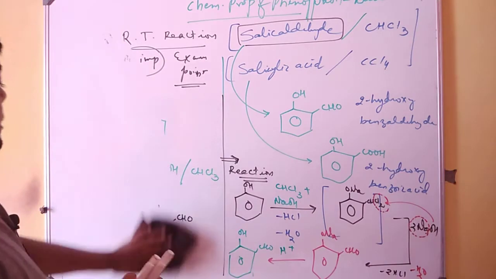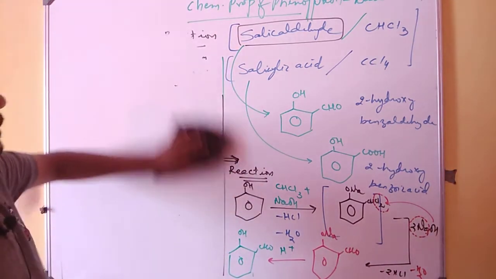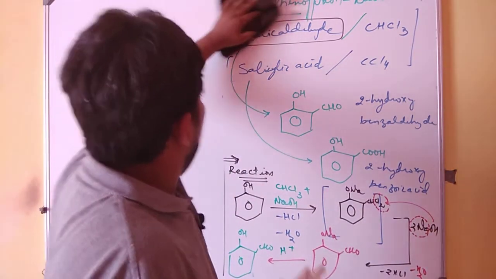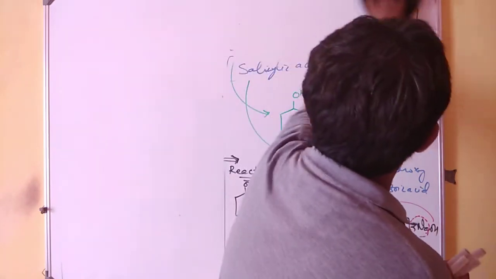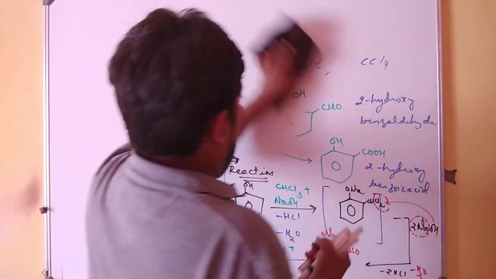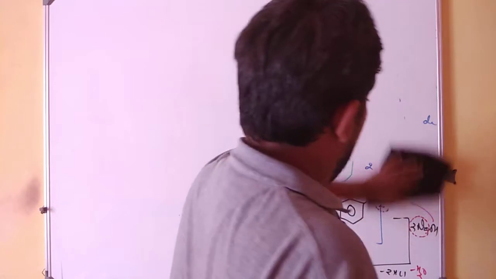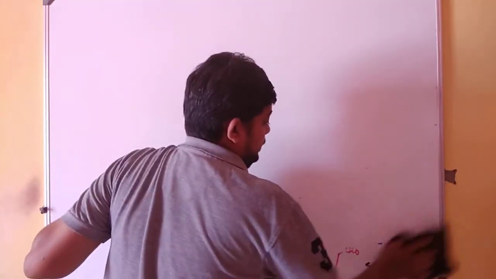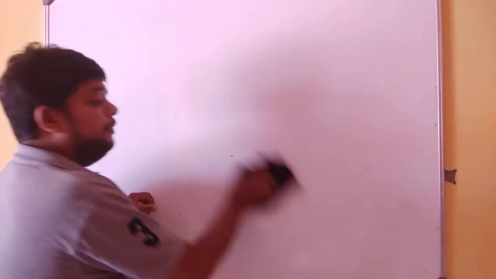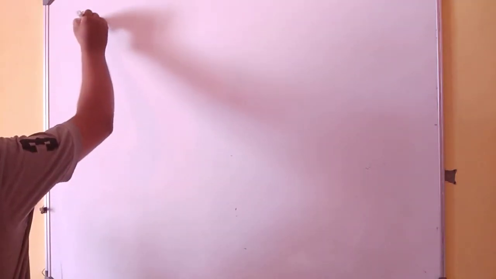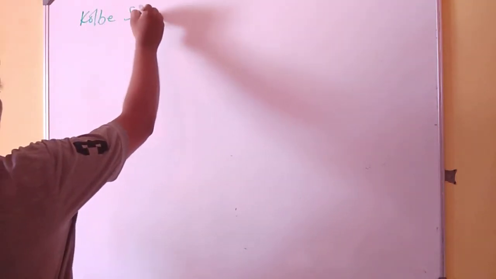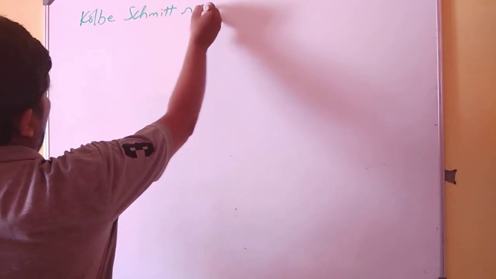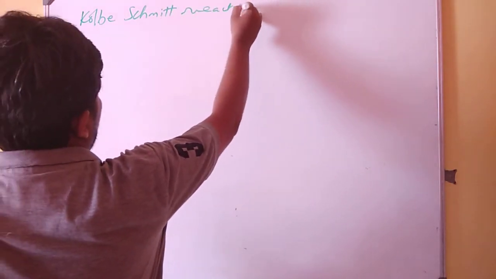Let us move ahead with the second reaction in the same topic, that is chemical properties of phenol, and let us check what can be done. We will now be doing the Kolbe reaction, which is very important for the formation of 2-hydroxy benzoic acid, and it is popularly known as the Kolbe-Schmitt reaction.